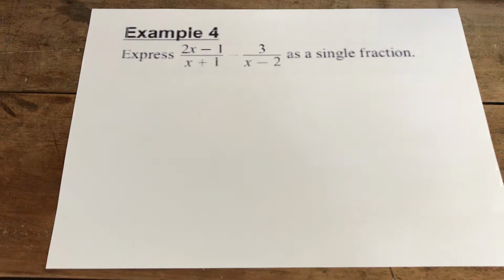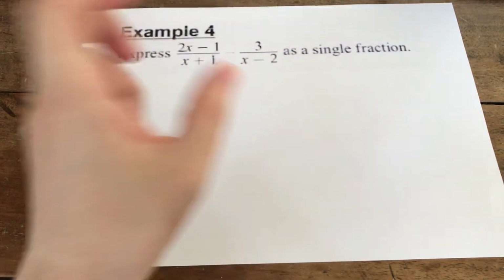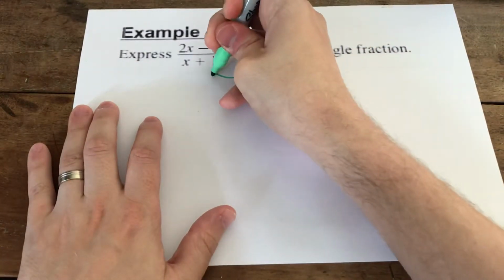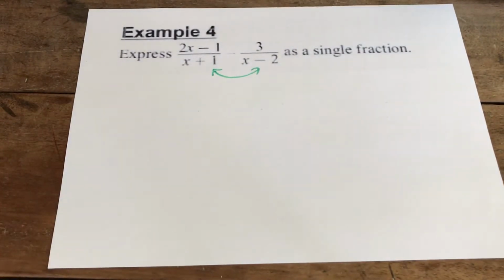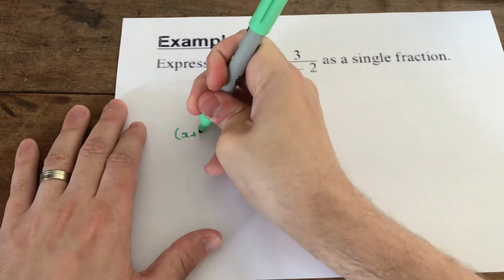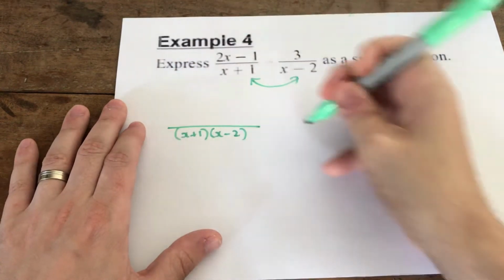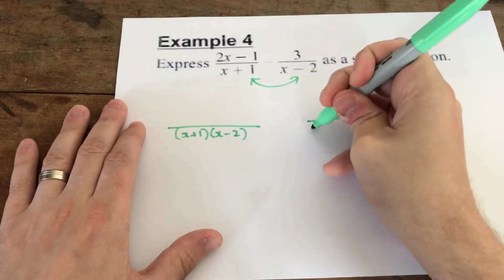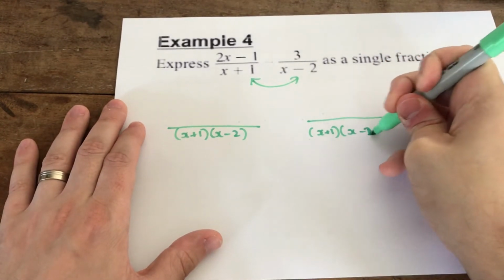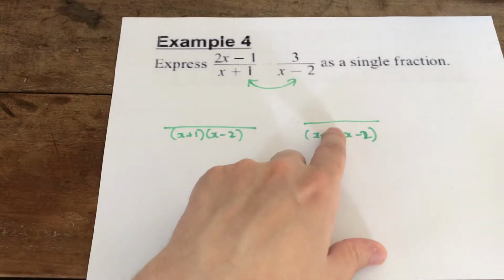If you notice, we have our fractional terms as a denominator. So we do the same thing. We find a common denominator, and we can do that by multiplying these together. So what we're going to do is we're going to have x plus 1, x minus 2 as a common denominator for that fraction, then x plus 1, x minus 2 as a common denominator for that fraction.